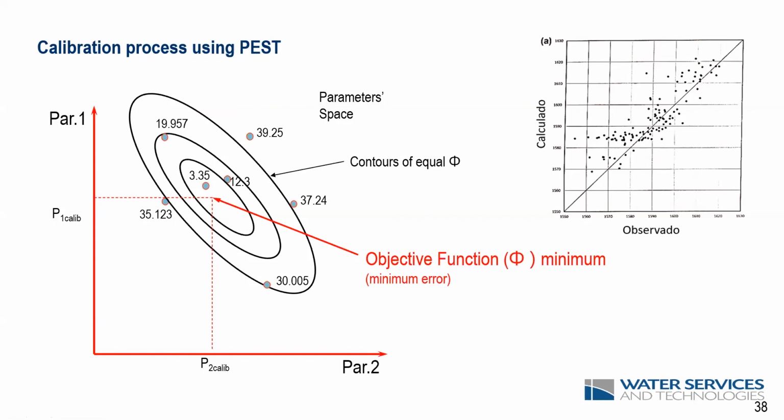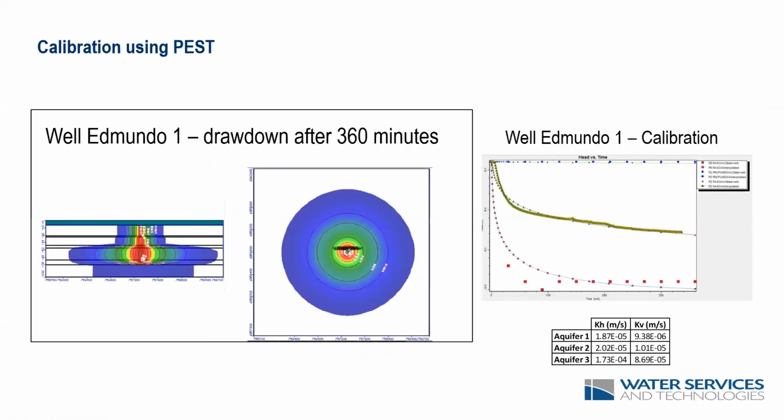So by doing this, we got this situation where, here on the right side, we have the drawdown that was measured in these 3 different aquifers, and the fit that we got between the field curves and the drawdown curves that were calculated by PEST.